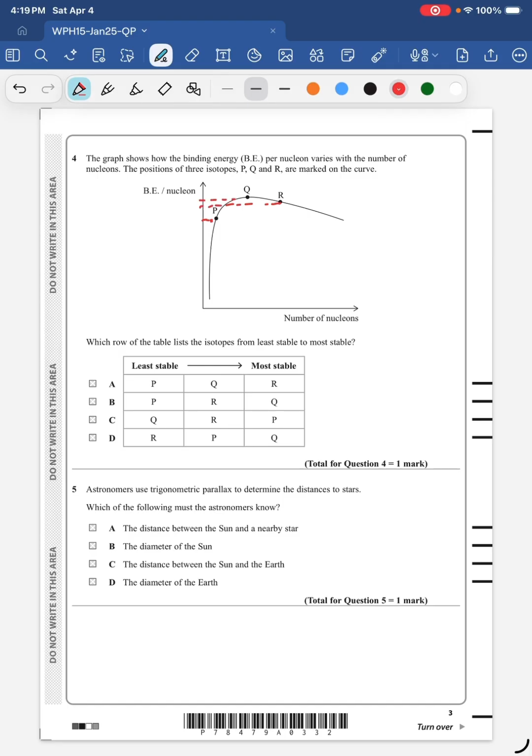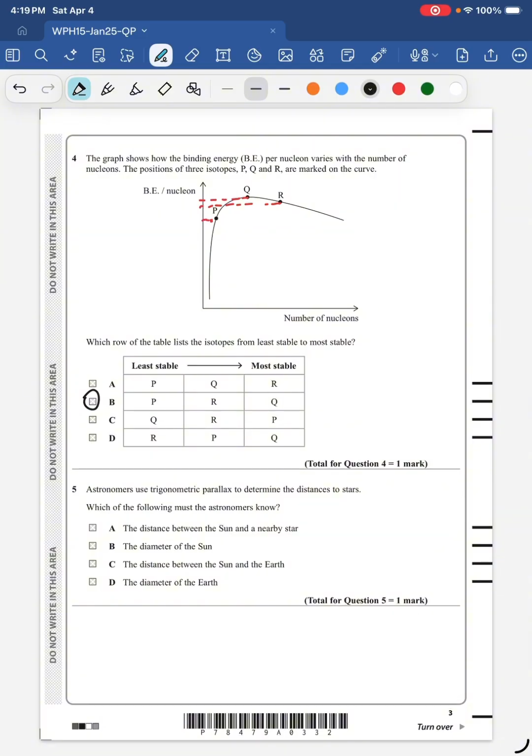And then comes Q. Okay, so the ordering should be PRQ. It's option B, right? So that's the correct answer. Yeah, there's nothing more to say here.